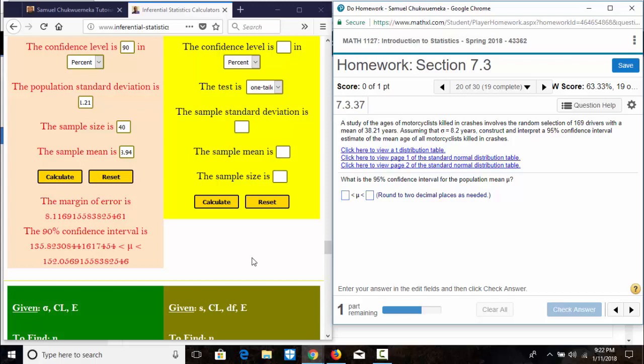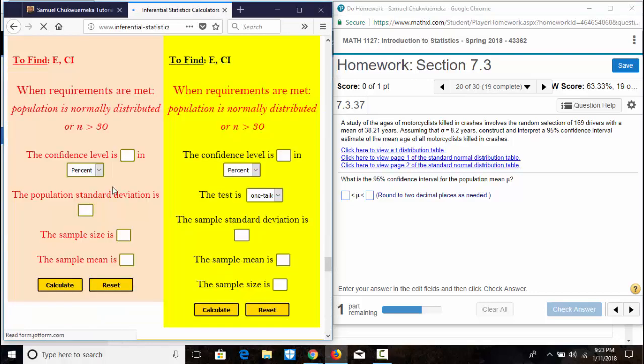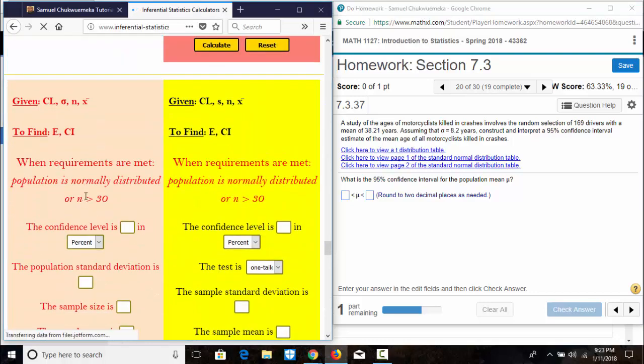Assuming that the population standard deviation is 8.2 years, construct and interpret a 95% confidence interval estimate of the mean age of all motorcyclists killed in crashes. So we're going to use this one. We're still going to use this here.